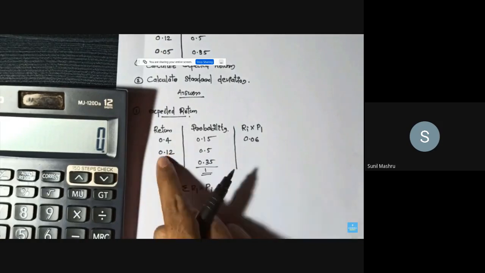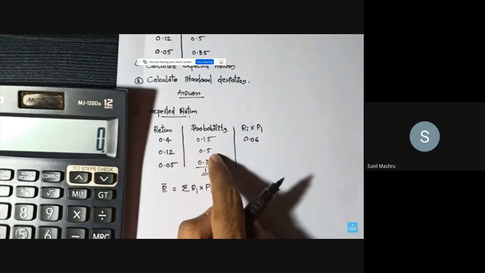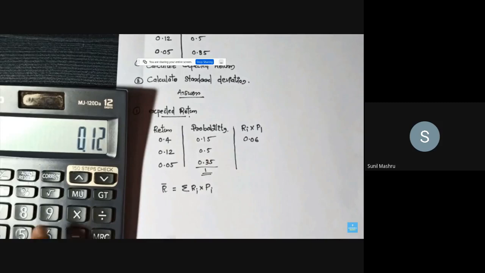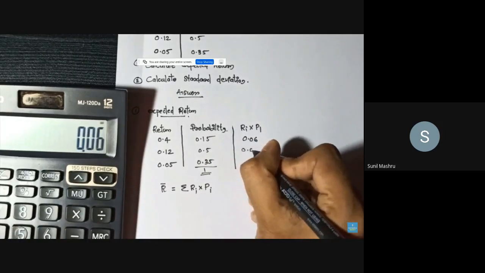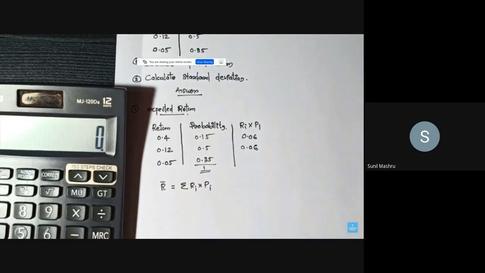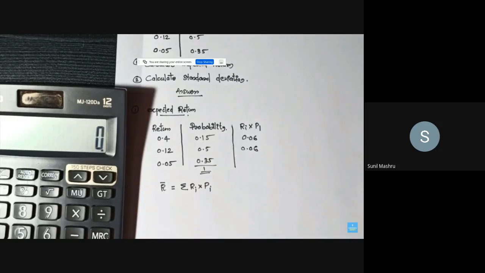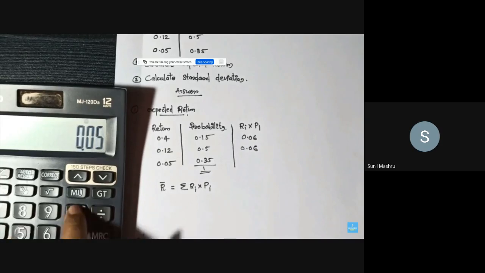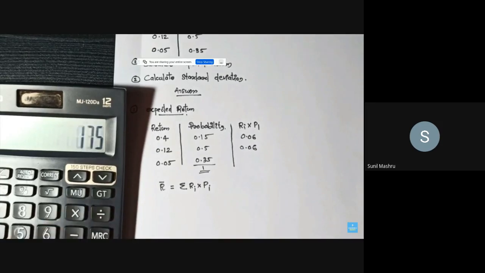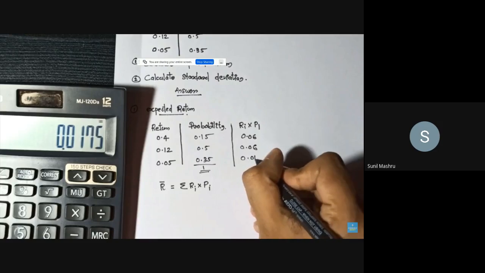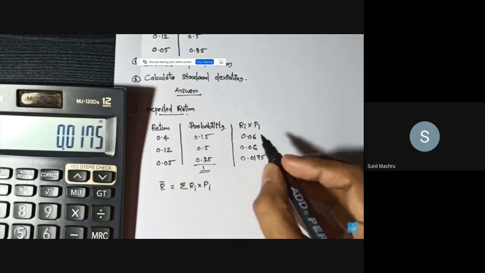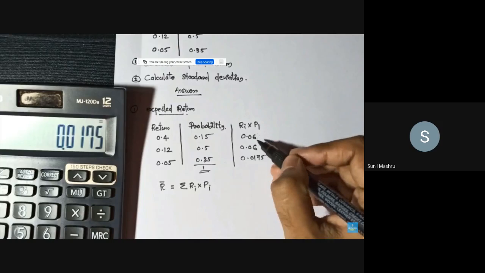Next, there is 0.12 into 0.5, that is equal to the same answer, 0.06. Then 0.05 into 0.35, that is equal to 0.0175. So these are the Ri into Pi.